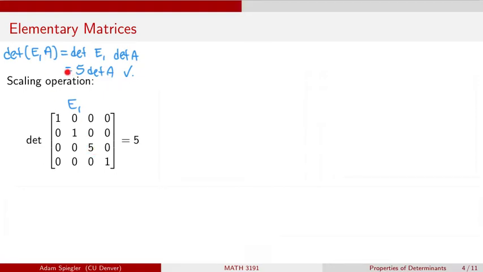We've shown that this effect multiplies the determinant of the original matrix by 5, and this elementary matrix has a determinant of 5.